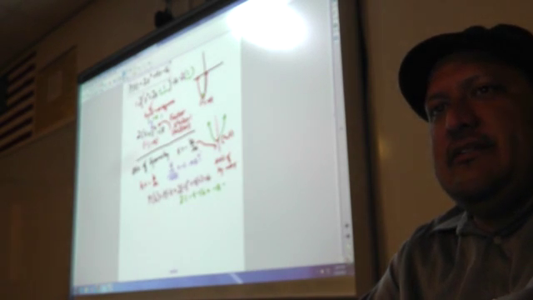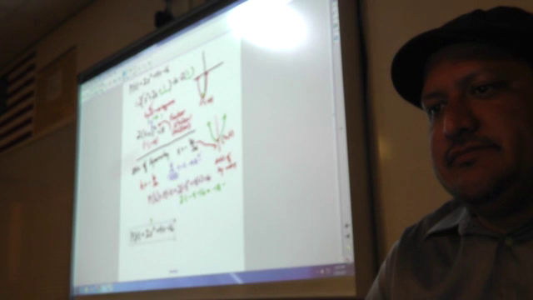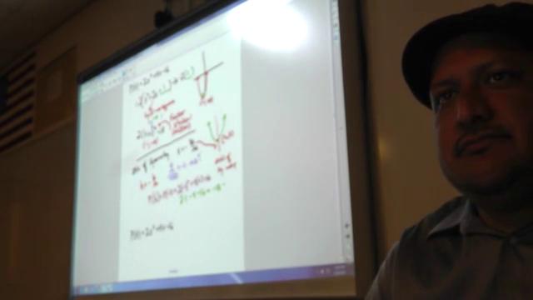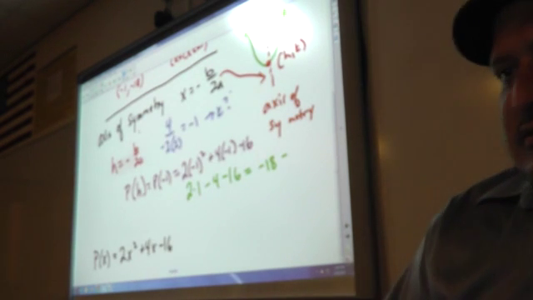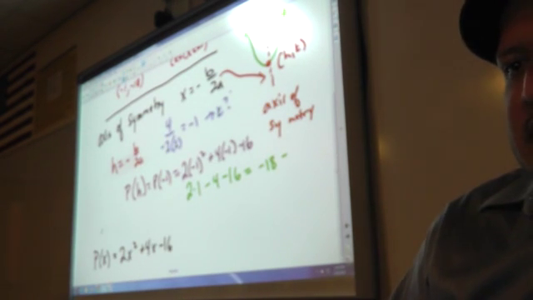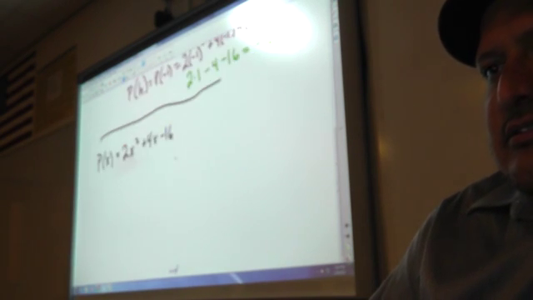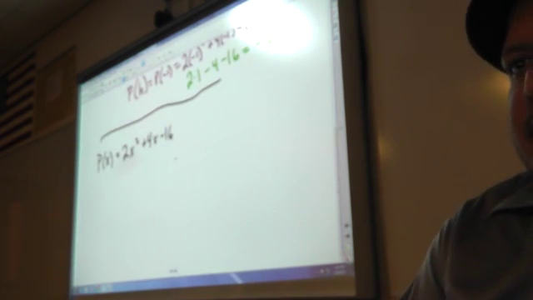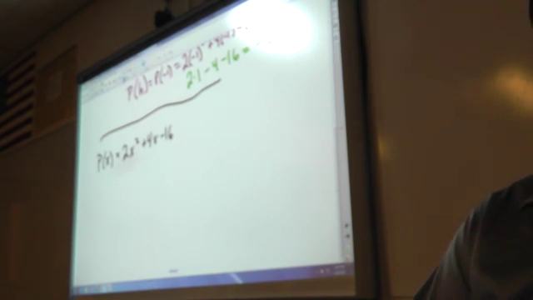A third way. All right, so the third way is to say, well, I am going to just get rid of this -2 because it's complicated, or this 2.